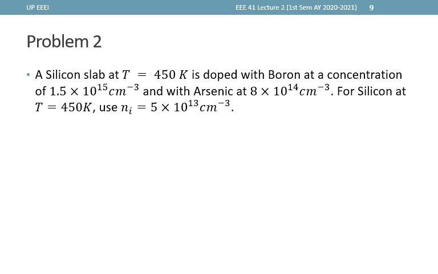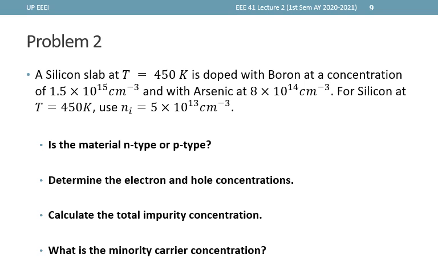For silicon at 450 kelvins, use ni is equal to 5 times 10 to the 13. The questions are: is the material n-type or p-type? We also have to determine the electron and hole concentrations, calculate the total impurity concentration, and identify the minority carrier concentration.